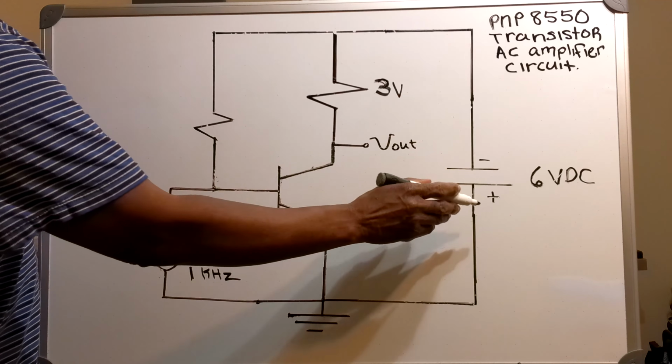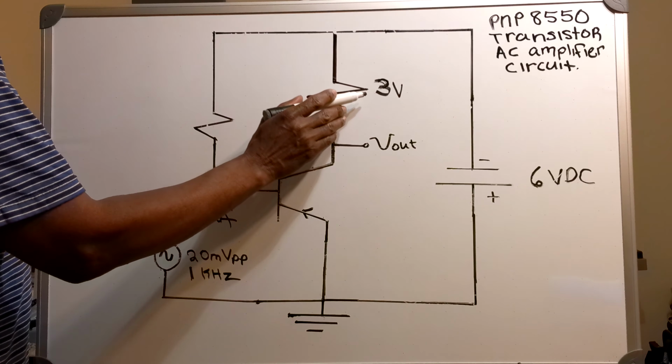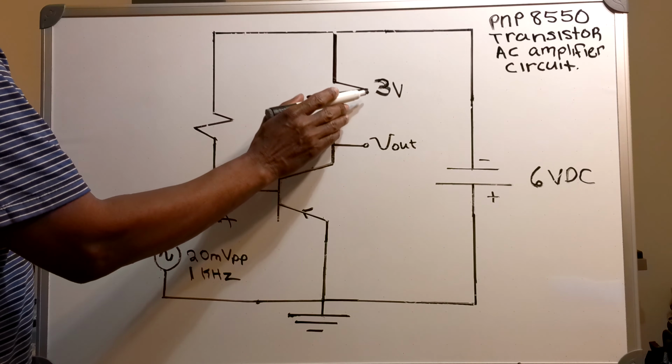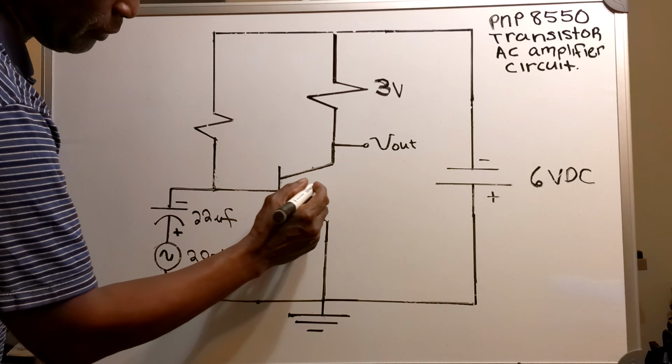Now I've got a 6-volt source. So if I have 3 volts here, I'm going to have 3 volts here.